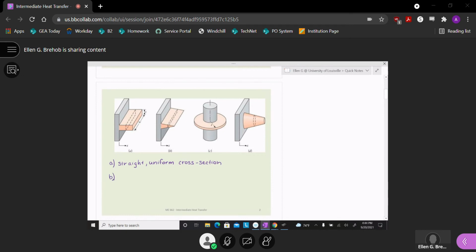B is also a straight fin, but it's got a non-uniform cross-section. So as we're moving away from the base, its cross-sectional area keeps changing.